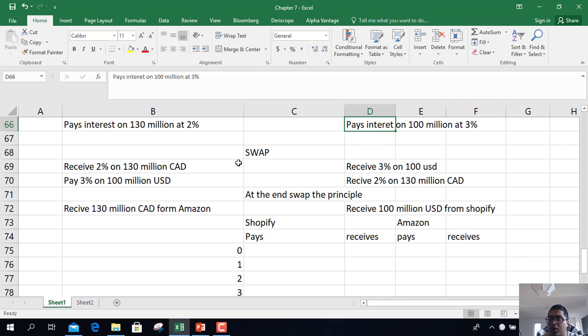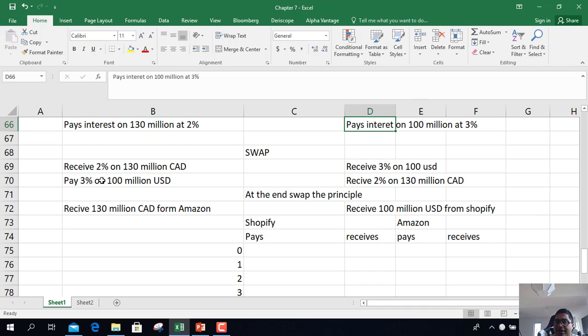Once the swap starts performing, Shopify will receive an interest rate of 2% on 130 million Canadian from Amazon, and it will pay 3% on 100 million USD to Amazon.